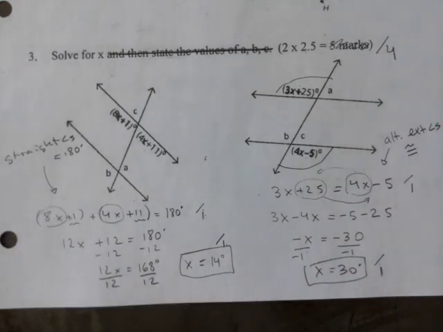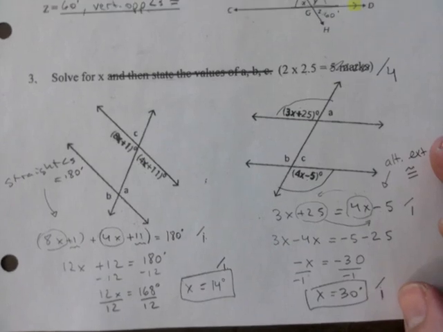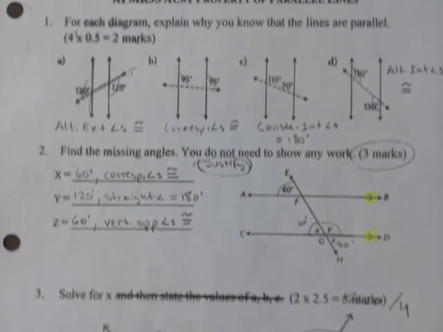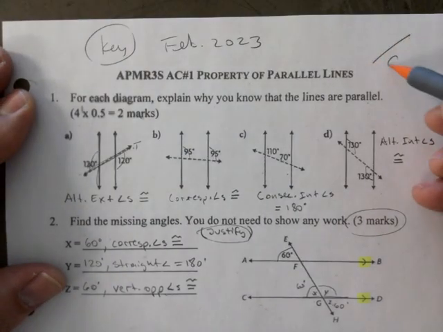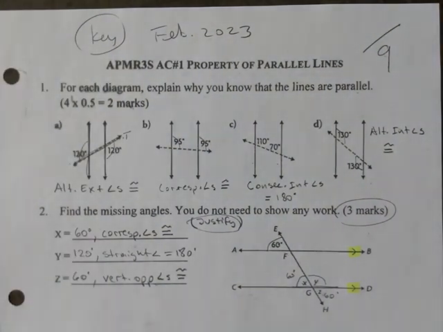So 4, 3, and 2. 4 marks for this last one, 3 for the middle part, and then 2. That's a total of 9. So we're going to make this worth 9 marks. So if you go all the way to the top, you make it out of 9. And make sure your first name and last name are on there. And I will correct it, or I'll record it and give it back to you.